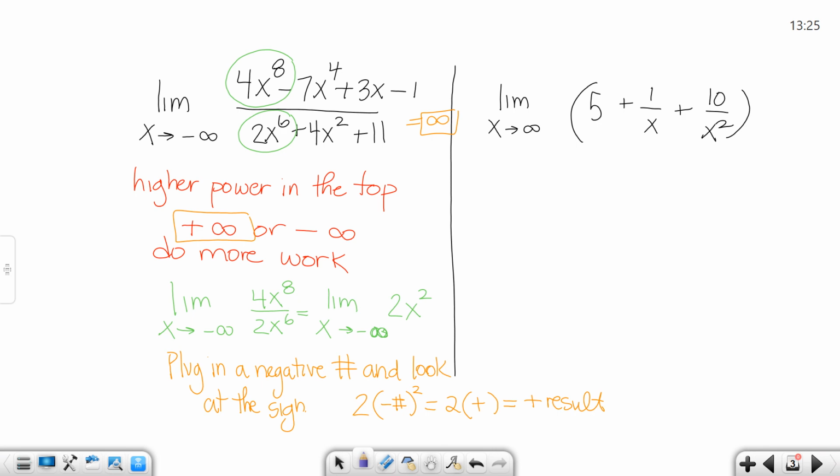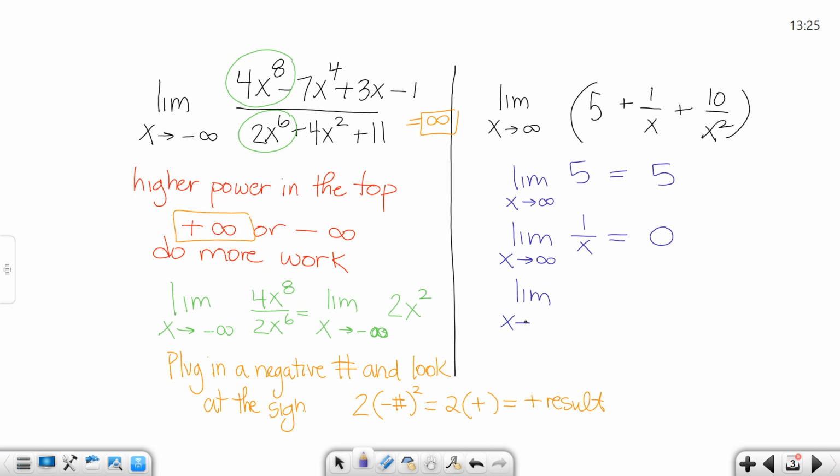Okay, your last one you see over here, you can actually break the limit down into all three pieces. First of all, if you have the limit of a constant, 5, that limit is just 5. Looking at your second term, it looks like this, 1 over x. Remember, if your largest term's in the denominator, your limit is 0.